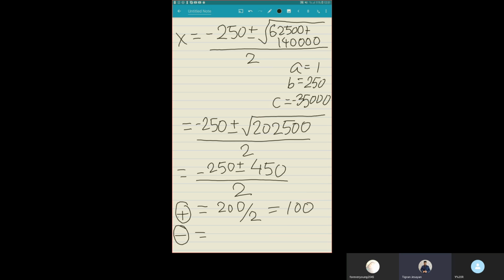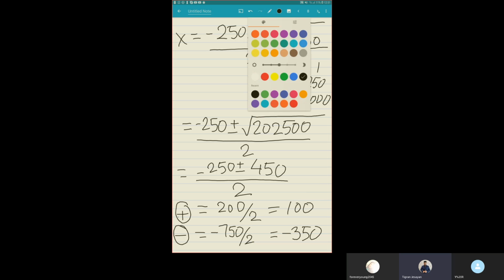Let me have a look. 2,000 divided by 20 is equal to... x2 is... So my x1 is 350, or yours is minus.